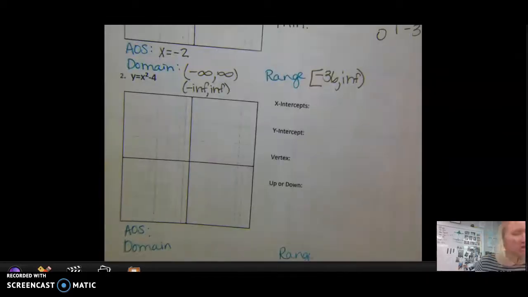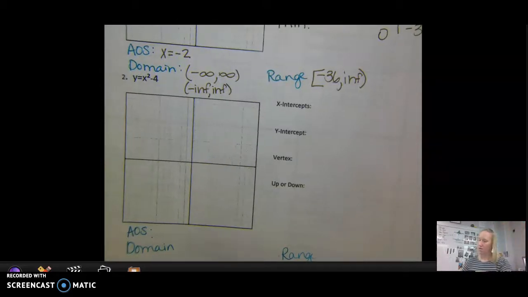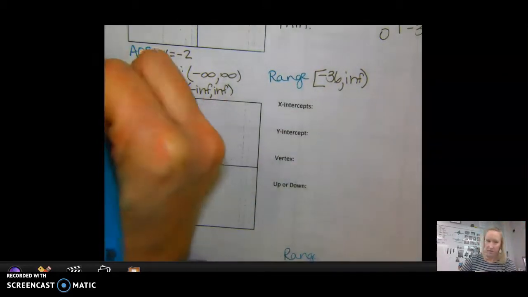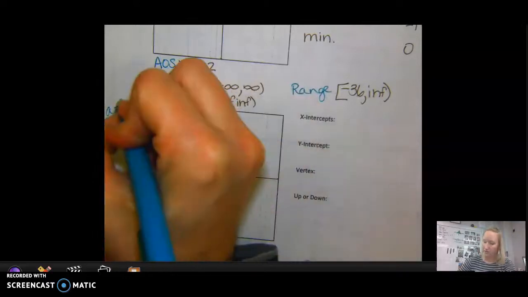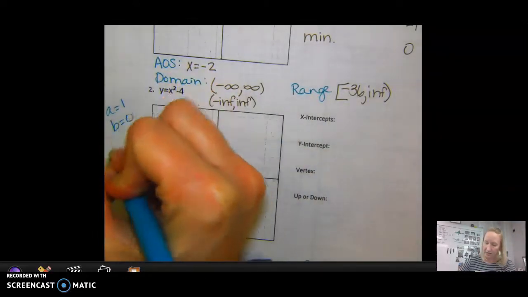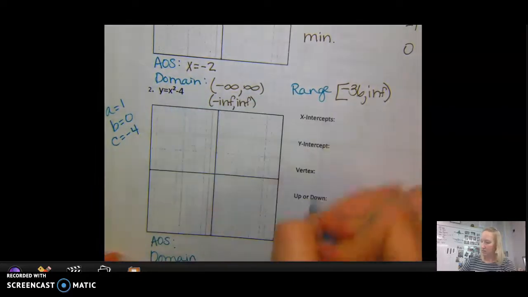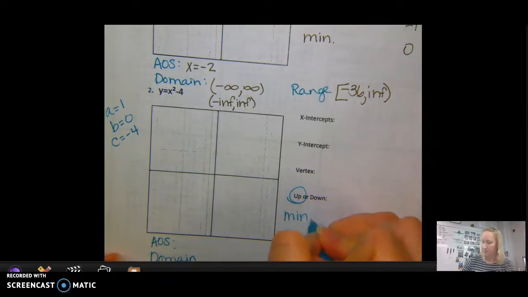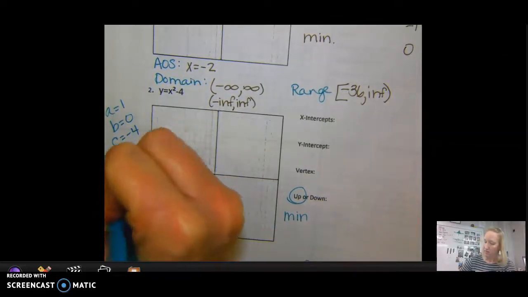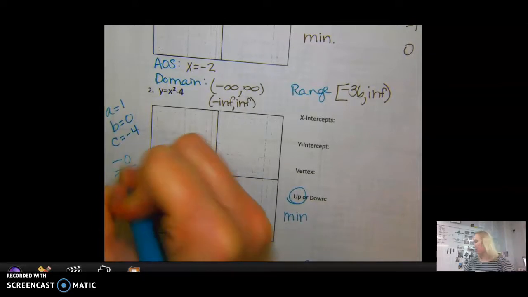Going on to number 2, A value on this guy is 1, B value is 0, and C value is negative 4. So this guy's going to be going up because A value is positive. That means it's a minimum. I'm going to do negative 0 over 2 times 1. All my pens are going out.